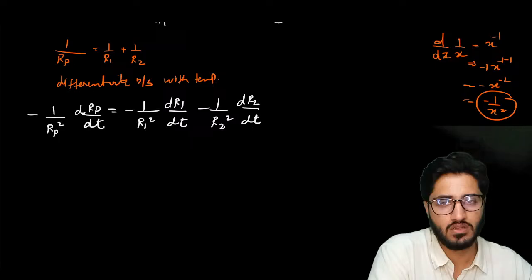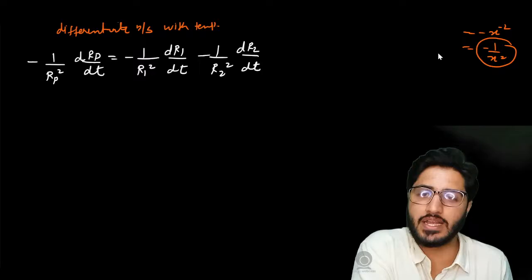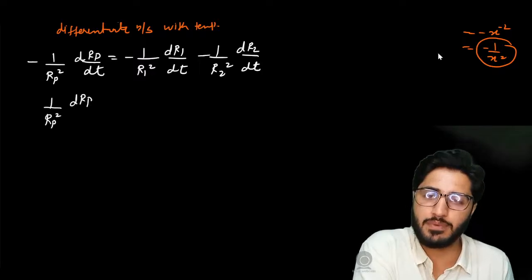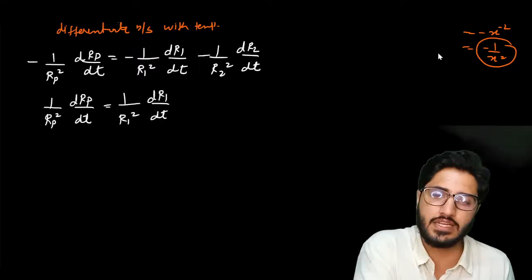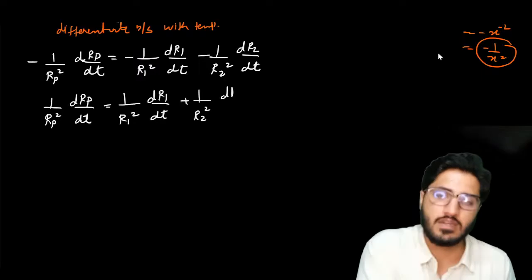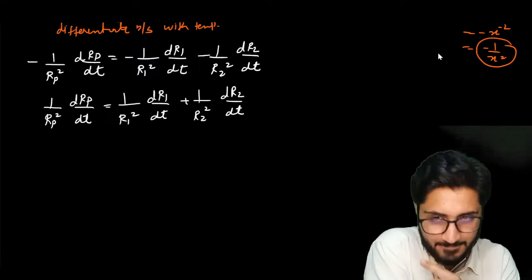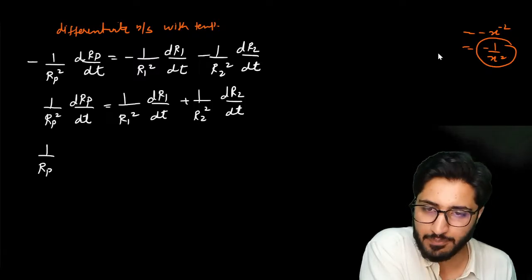Okay, look, I will cancel out the whole negative part now. So I will write 1 divided by RP square dRP divided by dt equals 1 divided by R1 square dR1 divided by dt plus 1 divided by R2 square dR2 divided by dt. Done? Okay, so I will write here 1 divided by RP square.